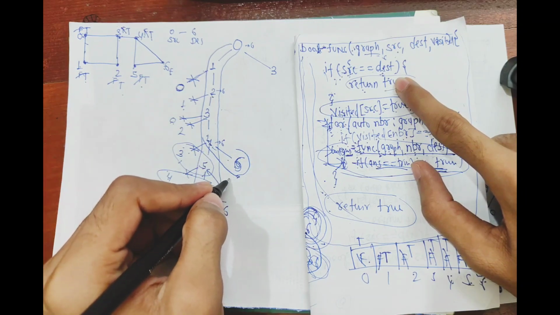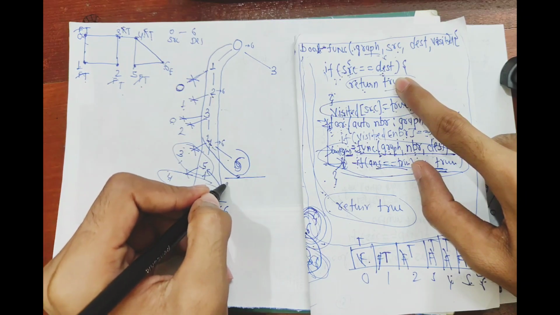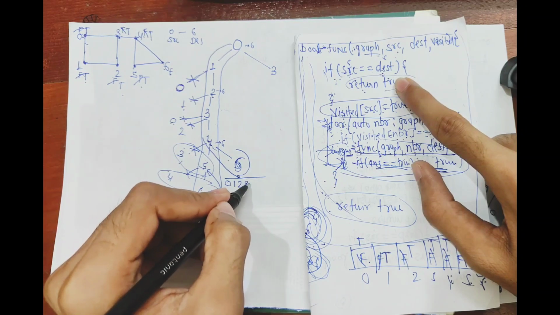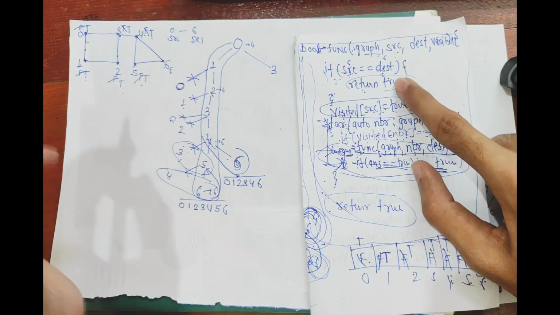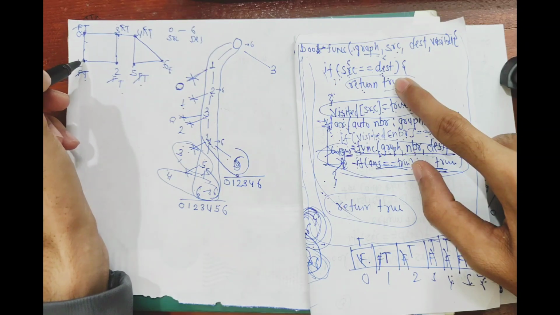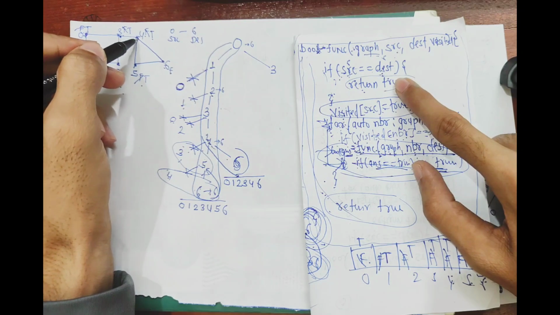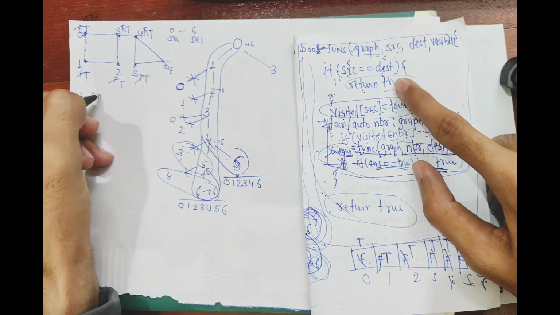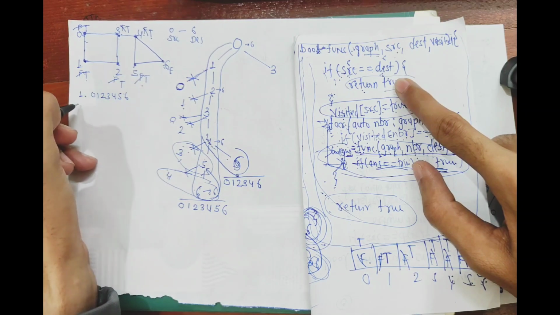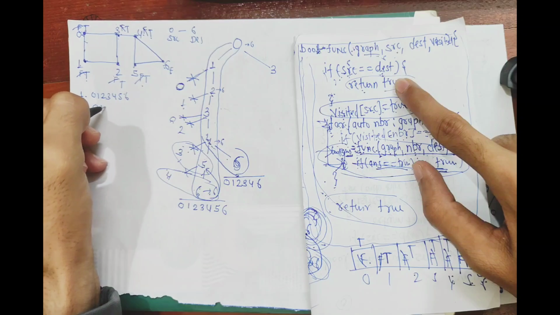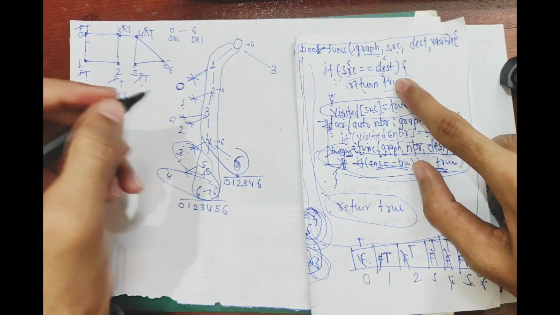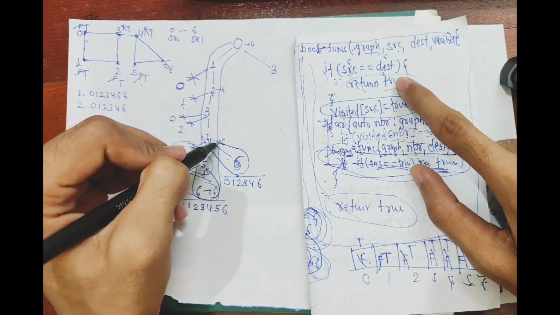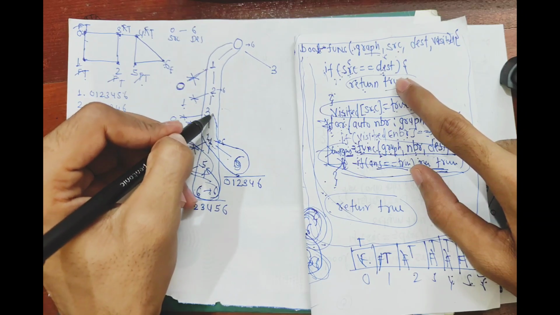So we again got another path, that is 0, 1, 2, 3, 4, and 6. So path 1 was 0, 1, 2, 3, 4, 5, 6. Path 2 is 0, 1, 2, 3, 4, 6. So now we are done with all the neighbors of 4, so we will return back from 4 to 3.